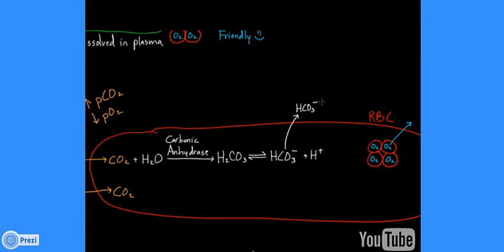So the bicarb goes outside the cell. And the proton meets up with one of these oxyhemoglobins. It finds an oxyhemoglobin. Remember, there are millions of them around. And it literally binds to hemoglobin, and it boots off the oxygen. So it binds to hemoglobin, and oxygen falls away.